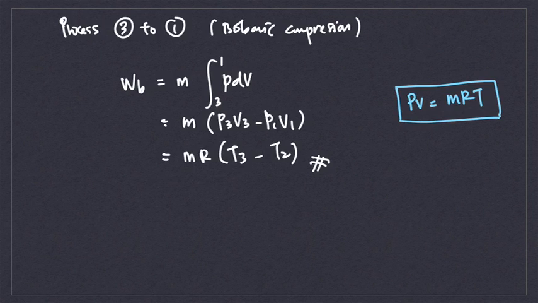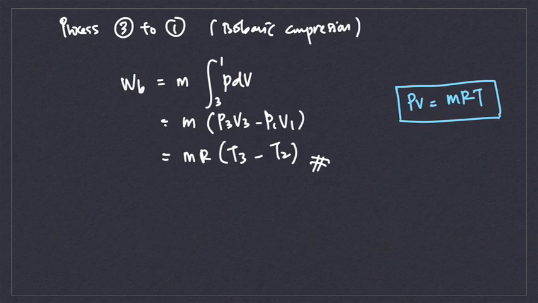Okay, lastly, process 3 back to state 1, which is isobaric compression. We have the formula WB equal to mass multiplied by the integration of P dV from state 3 to 1.